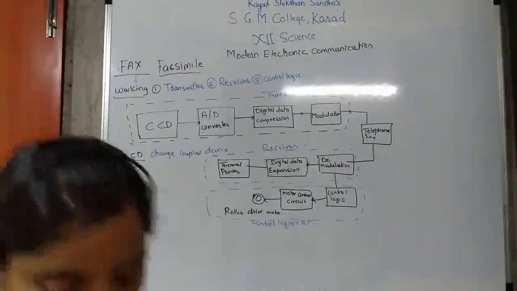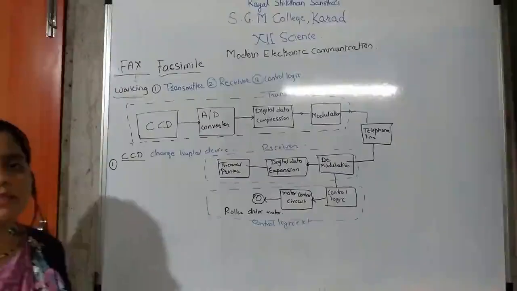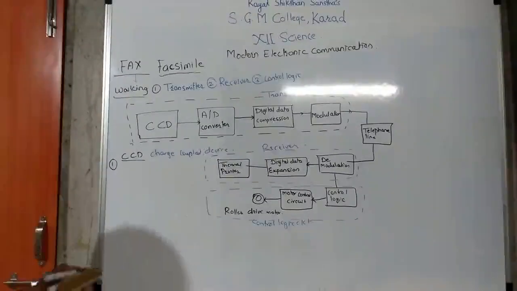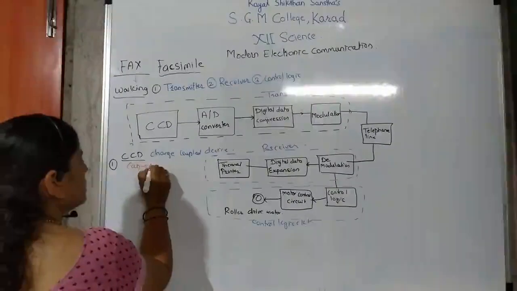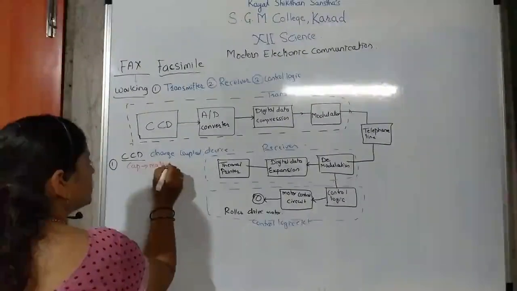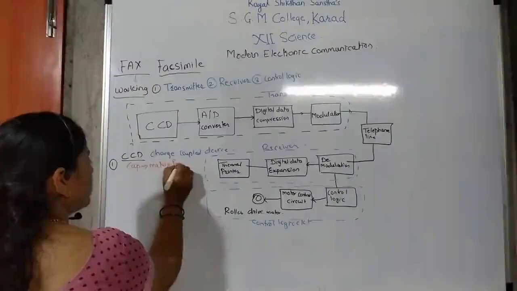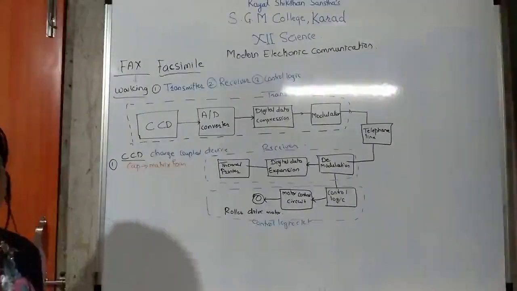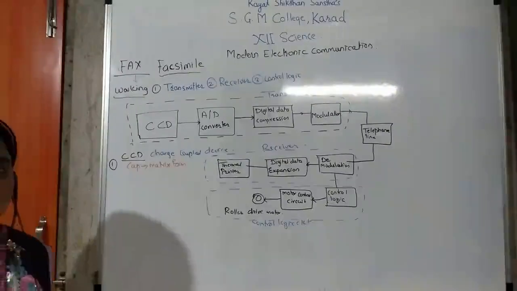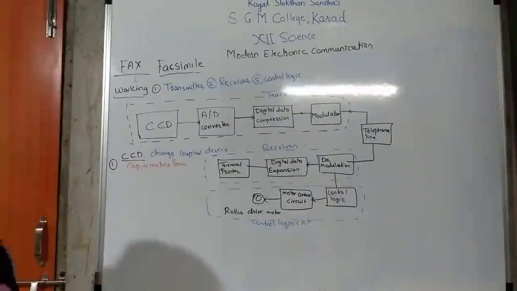Capacitors are used in matrix form. All capacitors are connected in matrix form on a silicon chip.